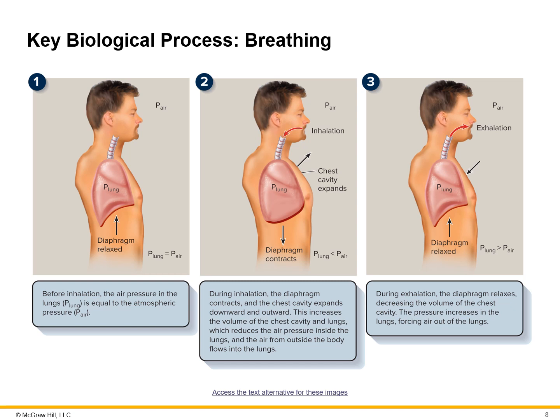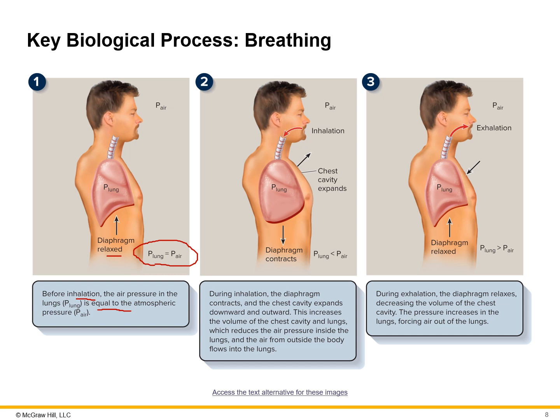All right, so again, just this key process here. Right before inhalation, the air pressure in the lungs is equal to the atmospheric pressure. So you see here the atmospheric pressure and the pressure in the lungs are going to be equal, and the diaphragm is nice and relaxed.